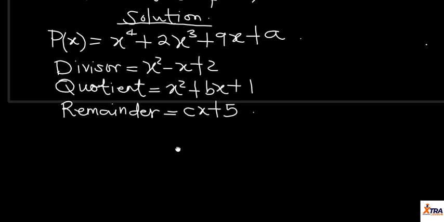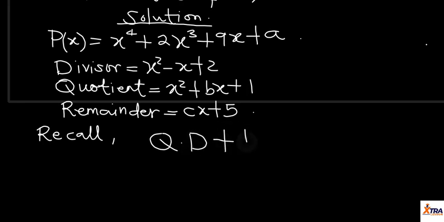Now, first of all, we have to recall from our knowledge of polynomials from the beginning when we did the remainder theorem. We remember that when we did division of polynomials, we said that the quotient of any polynomial times the divisor plus the remainder should give you your function, that is your p of x in this case.